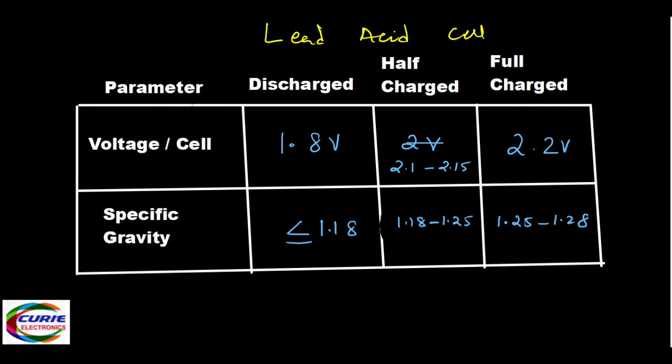Now, what is the most important thing when you charge a battery? It is safety. We have to take utmost care of our own safety as well as the safety of the battery. Those are the important parameters. The first thing, check the electrolyte.